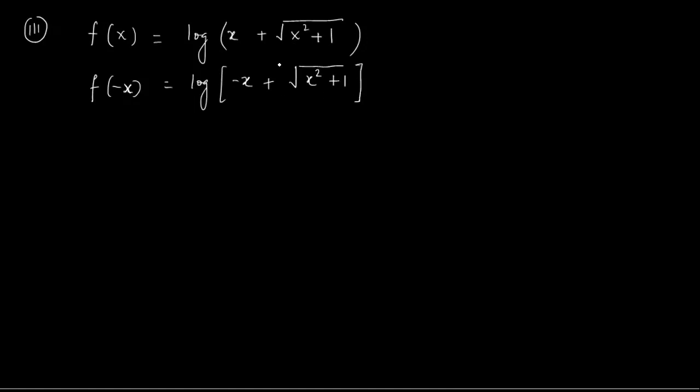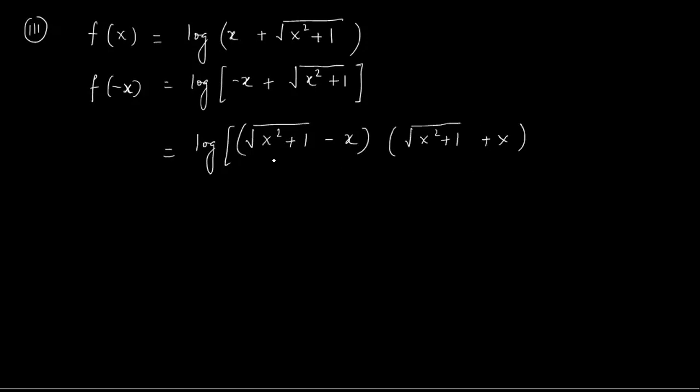Now, in order to simplify this, simply multiply with its conjugate. This can be rewritten as square root of x square plus 1 minus x. Now multiply this with square root of x square plus 1 plus x in numerator and denominator.